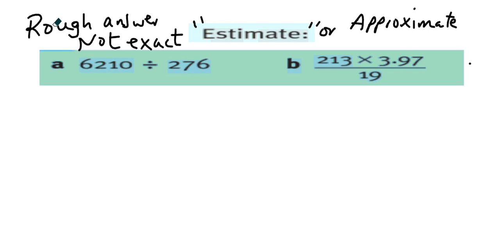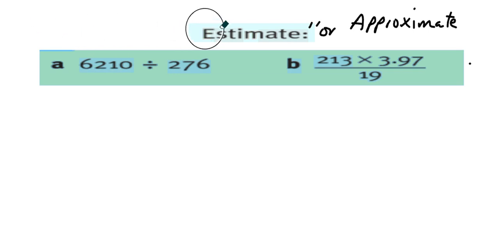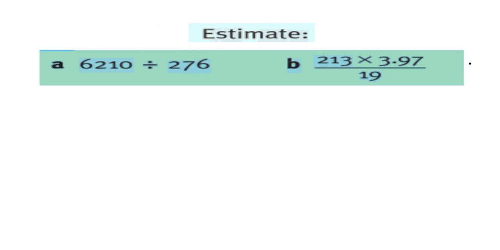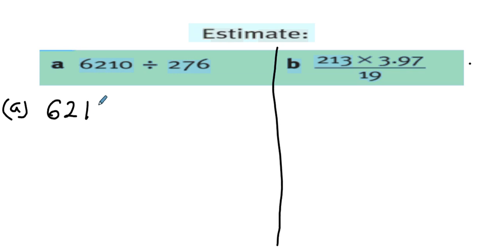Remember the concept of significant figure? This is what I'm going to explain. Now what do we do? Let me start with A, then I'll go for B, and I'll show you how easy it is. So what I do, I have 6210. Take these numbers separately. I have two numbers over here.